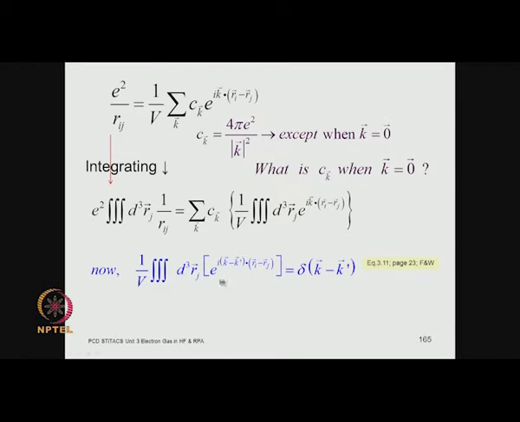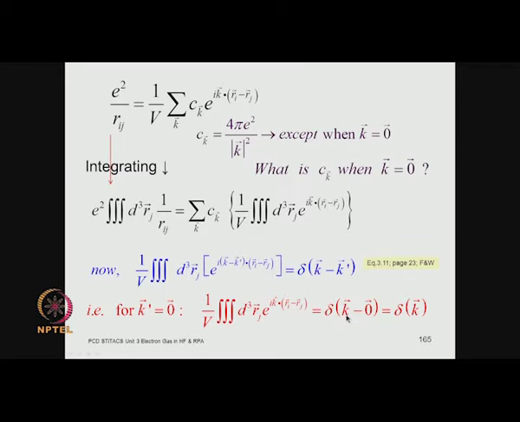We know that you have a Dirac delta on the right side, and whenever k prime is equal to 0, you put this k prime equal to 0. So, this will be e to the power i k dot Ri minus Rj, because k prime is now set equal to 0.